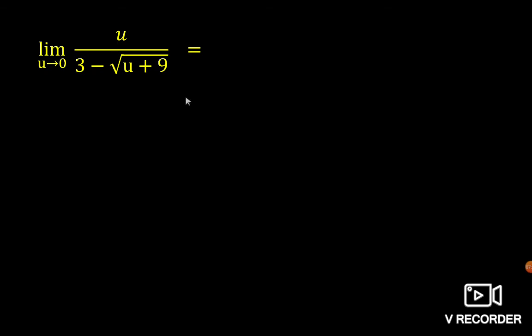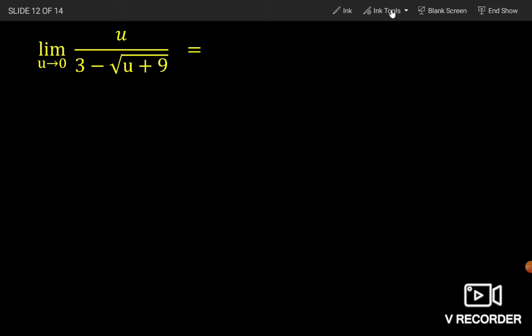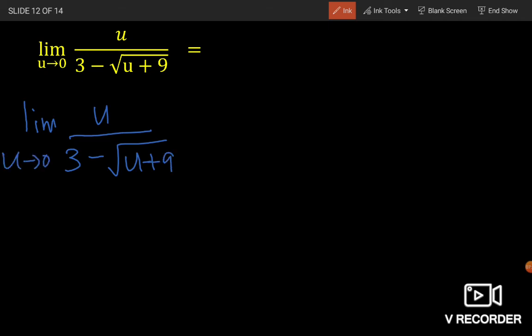So let me write this now. The limit of u over 3 minus square root of u plus 9 as u approaches 0. Let's multiply it by the conjugate, 3 plus square root of u plus 9.